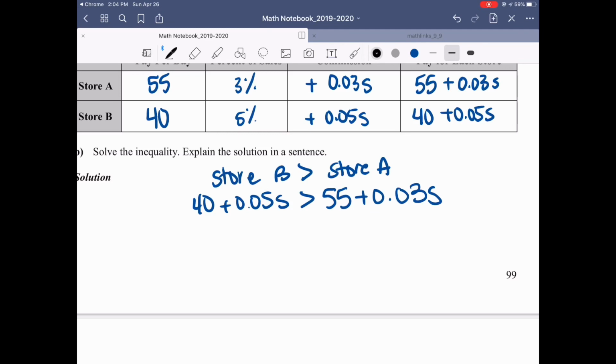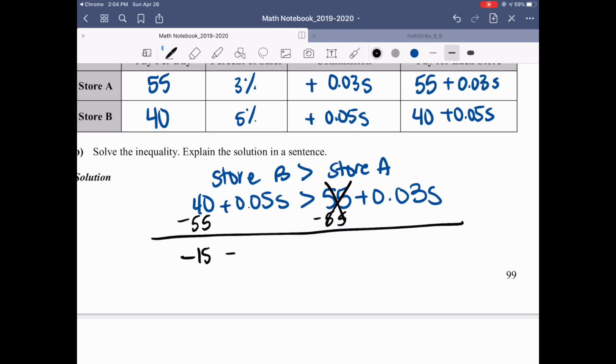So you can subtract 55 from both sides to cancel it out here. 40 minus 55 is negative 15. Plus, we still have 0.05 S is greater than 0.03 S. Now, I'm going to subtract 0.05 S from both sides.